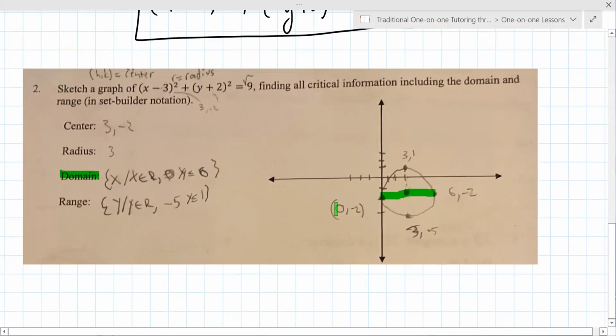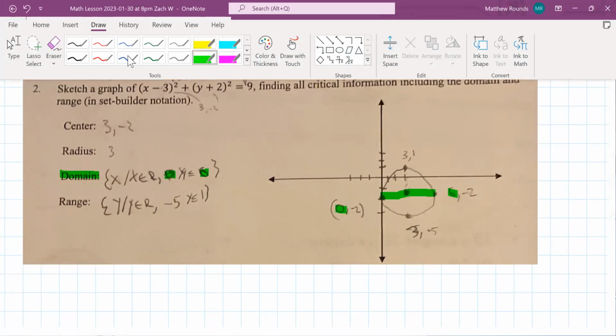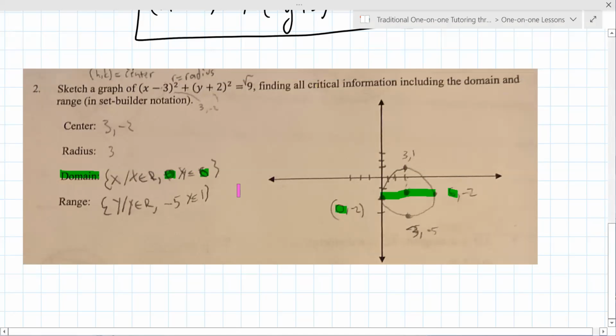So it goes from 0 to 6. Did I write that formula correctly, with the number placement? Yes. And then the range is vertical, so it goes from bottom to top.